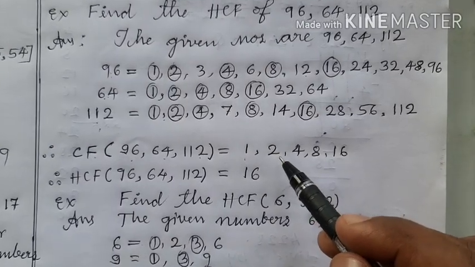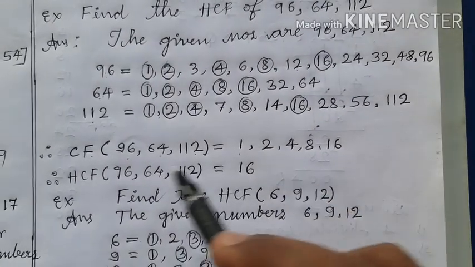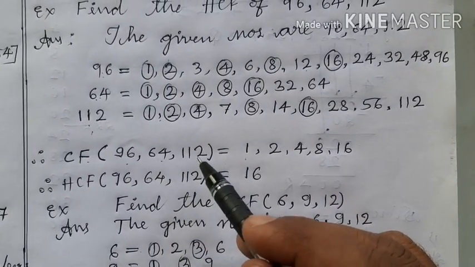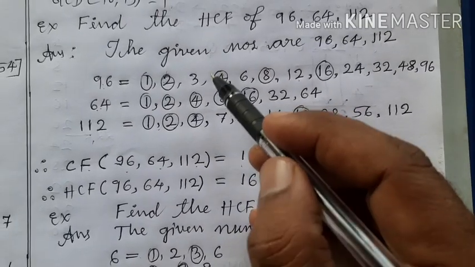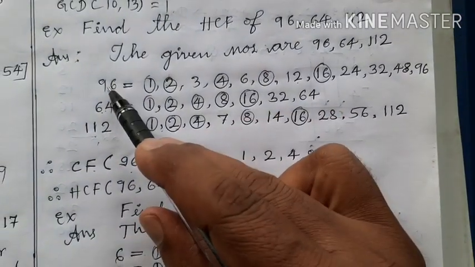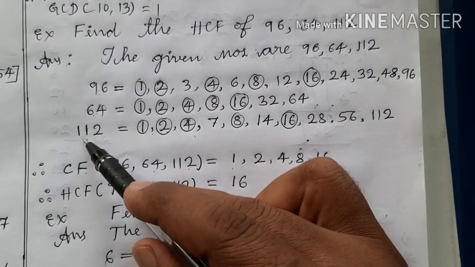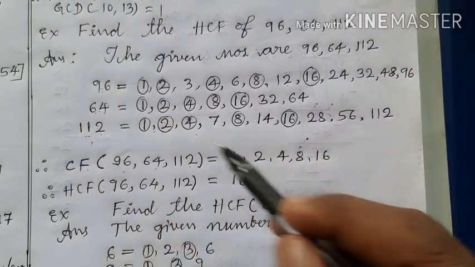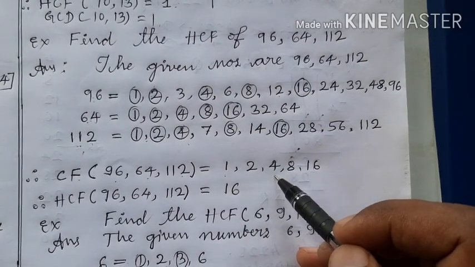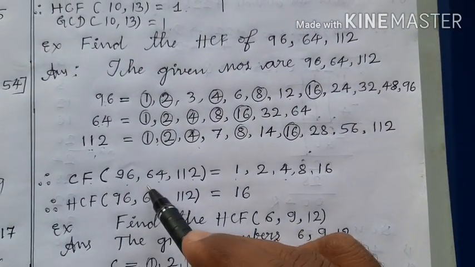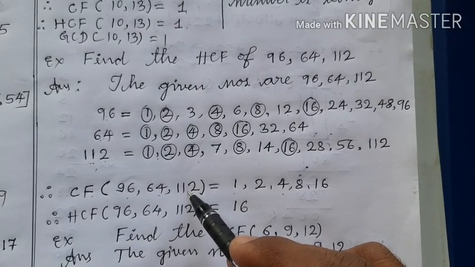So, I have selected 2 as the common factor of 96, 64 and 112. Similarly, 4 is factor of 96, 4 is factor of 64 and 4 is factor of 112. That is why I have selected 4 as the common factor of 96, 64 and 112.